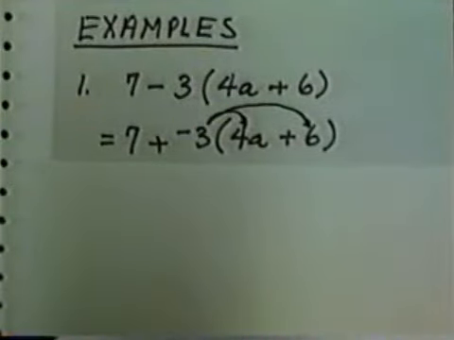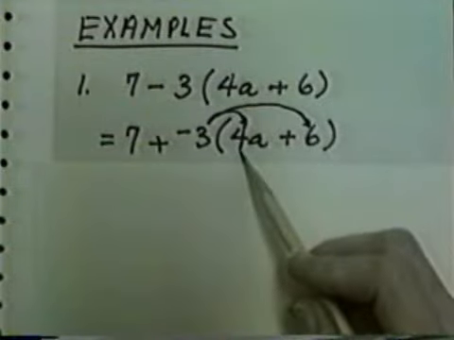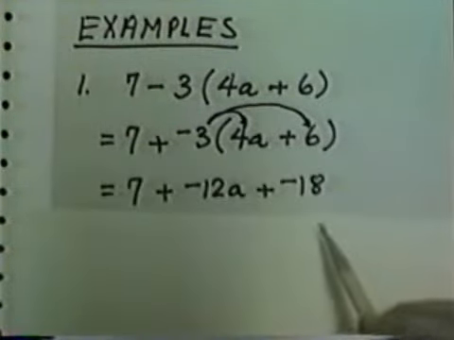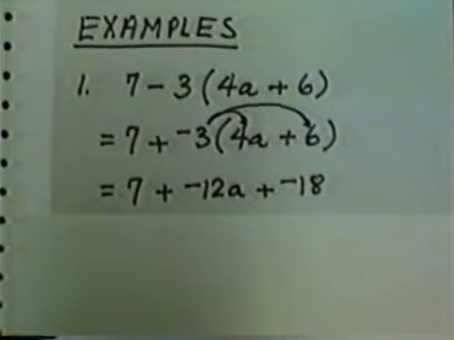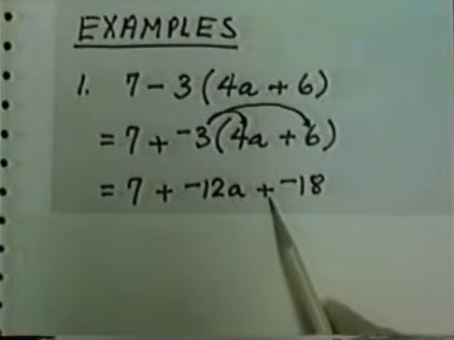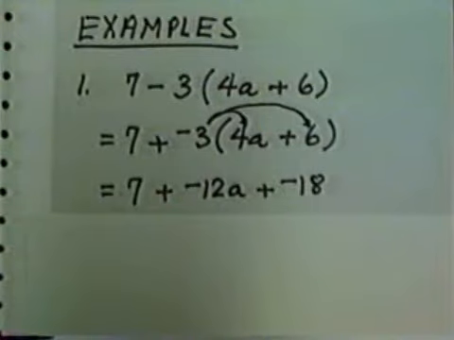That gives us 7 plus negative 12a plus negative 18. Notice now that the only operations we have are add and add. We add by the order of operations from left to right.